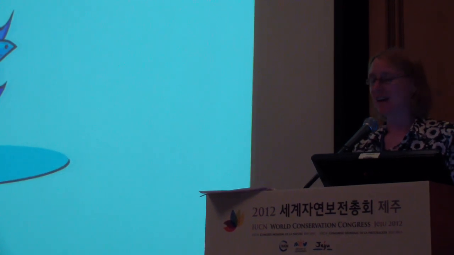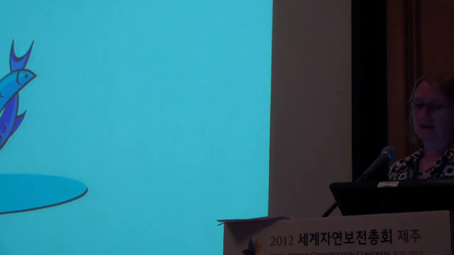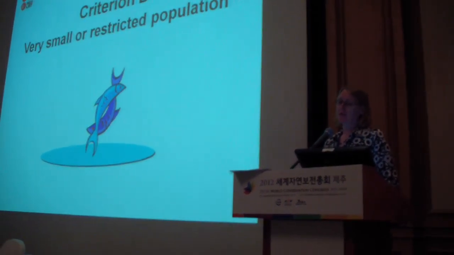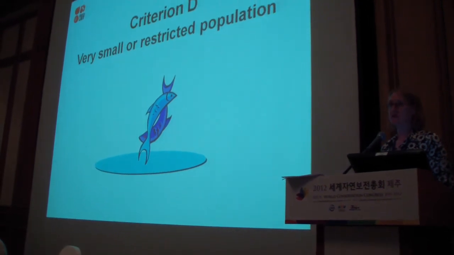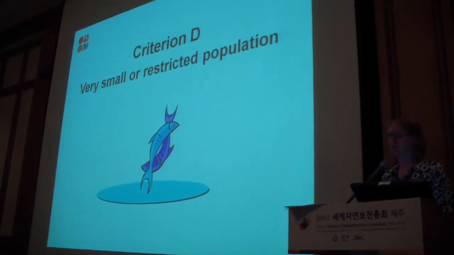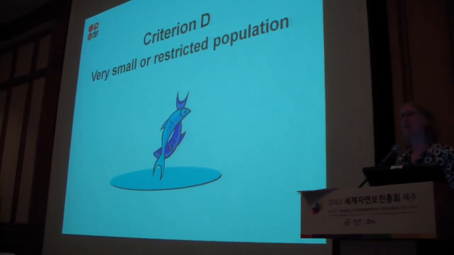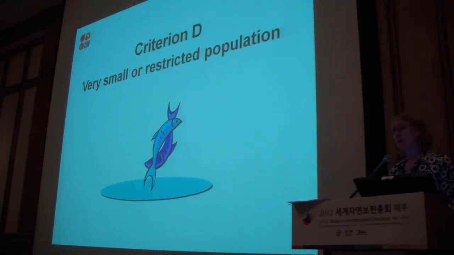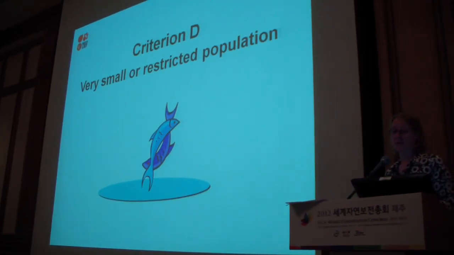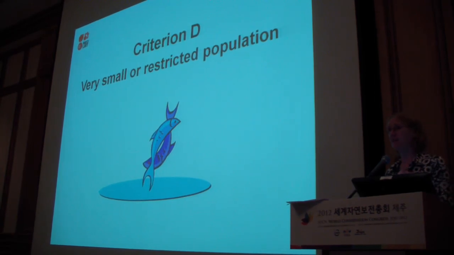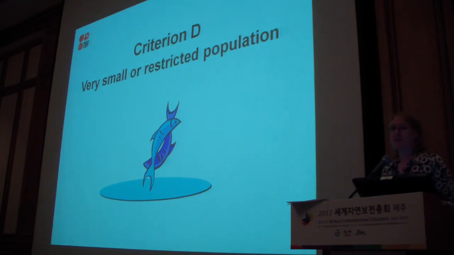Okay. Criterion D. So we've talked about population reduction, we've talked about range of the species, and we've talked about population size with continuing decline. Sometimes you will have species where there is no decline, but there is a very, very small population size. So you have a very obvious concern for the future of that species.